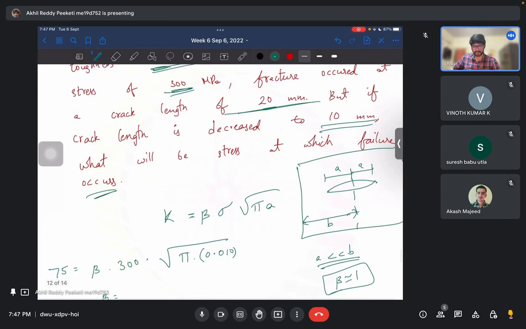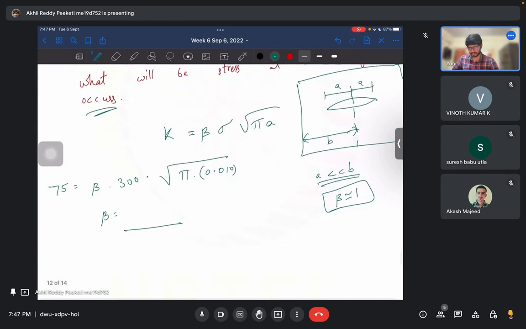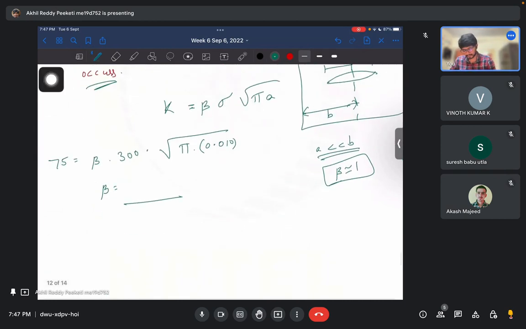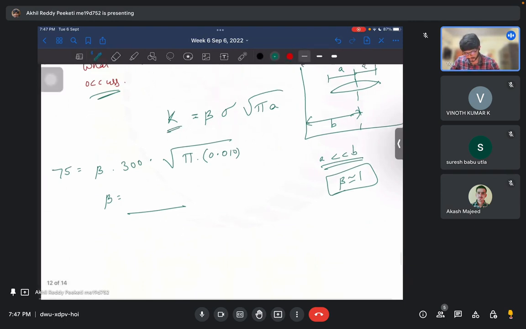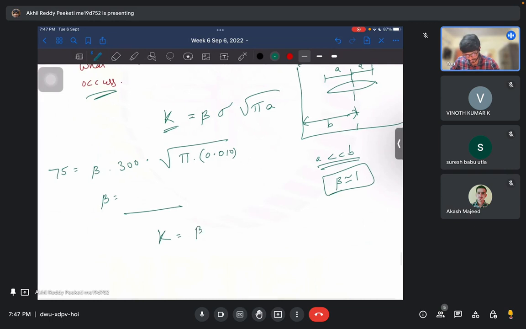But we are not asked that. We are asked, if the crack length is decreased to 10 mm, what will be the stress at which it fails? To get that, we have K. Because the material is the same, this K won't change, right? So K equals beta sigma 1 root pi A1, which should be the same as beta sigma 2 root pi A2.